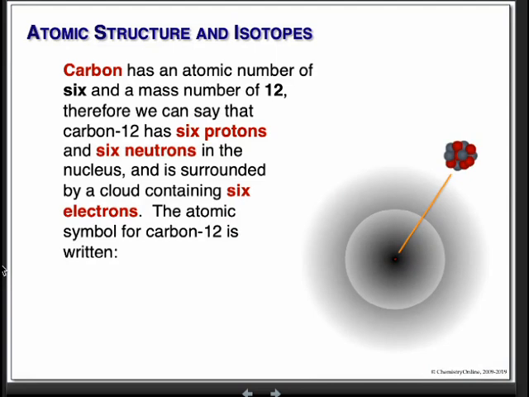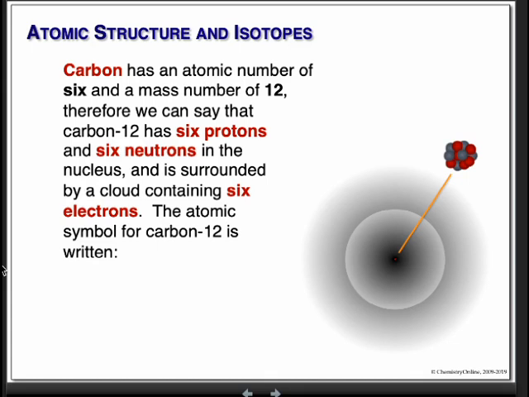Isotopes. I said that the only thing that determines what an element is, is the number of protons. I said neutrons didn't matter, electrons don't matter. Carbon typically has 6 protons and 6 neutrons.